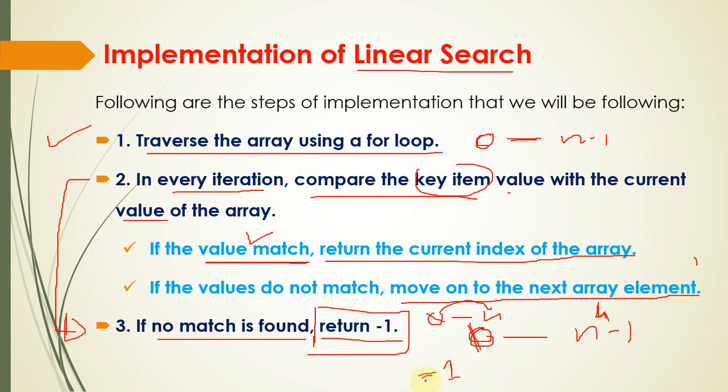You can't find an index value like -1 or -2 for any item, but you can find the index value of any array element from 0 to n-1, means positive values. You can't find any negative values as an index in the array.